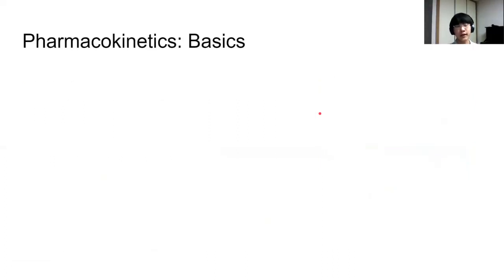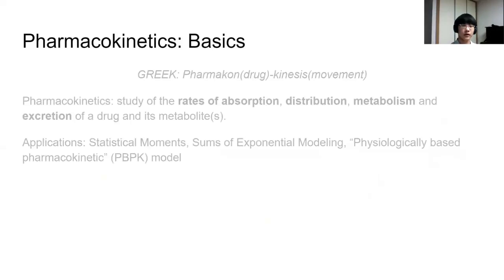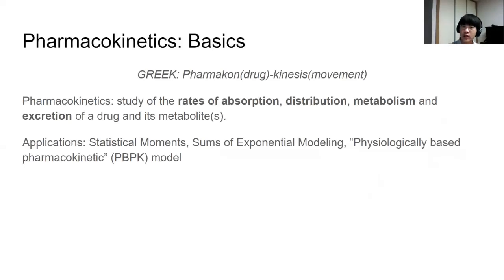So what is pharmacokinetics? Let's go to the basics. In Greek terminology, it is a combination of two fragments. It is pharmakon, which is a drug, and kinesis, which many of you, including those who majored in chemistry, would know is movement. So pharmacokinetics, by the very definition, is the study of the rates of absorption, distribution, metabolism, and excretion of a drug and its metabolites.